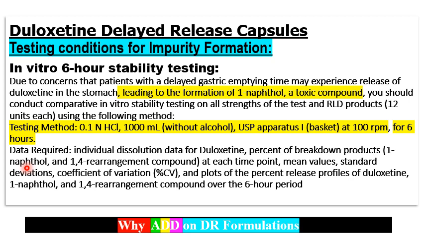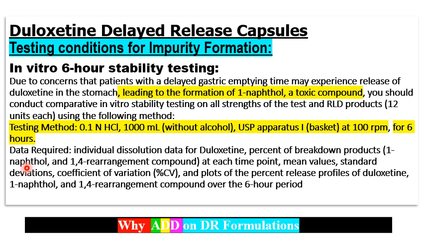You should conduct comparative in vitro stability testing on all strengths of the test and RLD products using 12 units, using the following method. The test method is 0.1 normal HCl 1000 ml without alcohol, USP apparatus basket at 100 rpm for 6 hours.